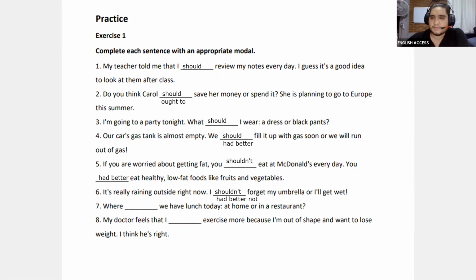Because if you get wet, you can get sick. If you get sick, you can't go to work. If you don't go to work, you don't get money. If you don't get money, you don't buy food. If you don't buy food, you don't eat. And if you don't eat, you die. So I think it is important for you to bring your umbrella, don't you think? Or am I just overthinking again?